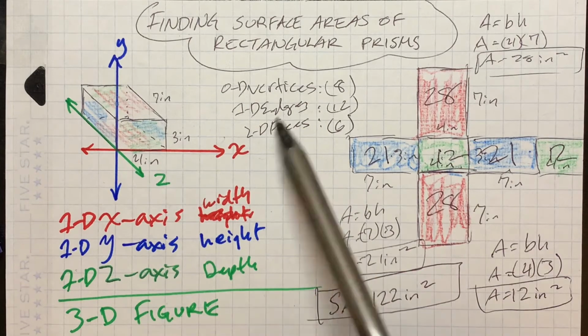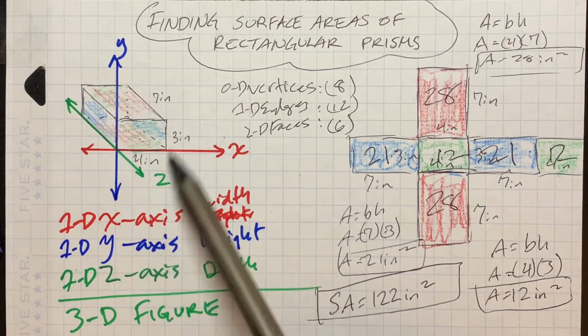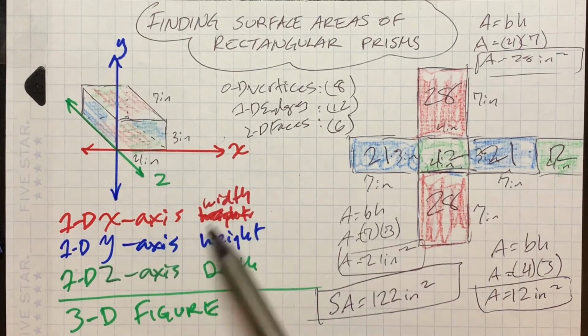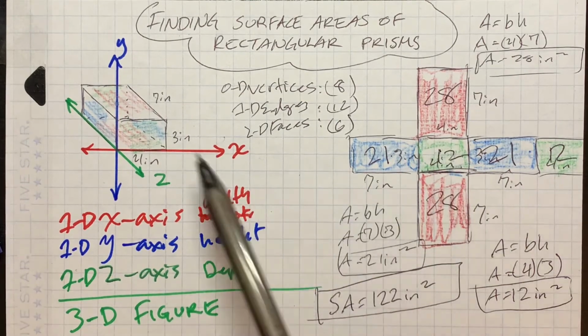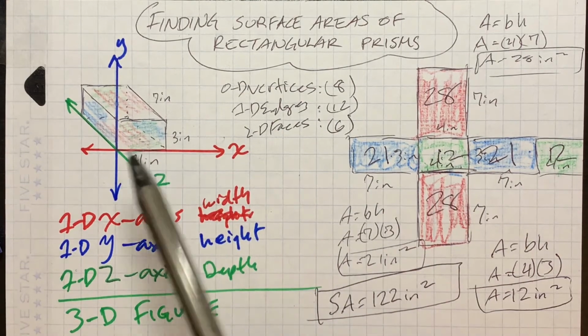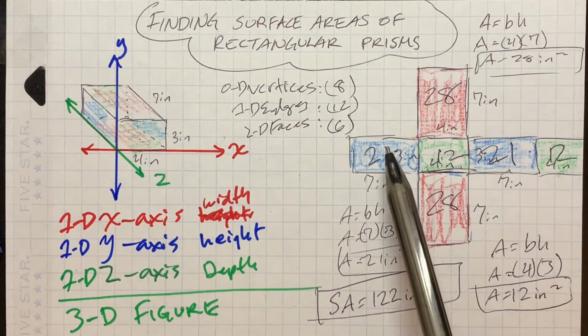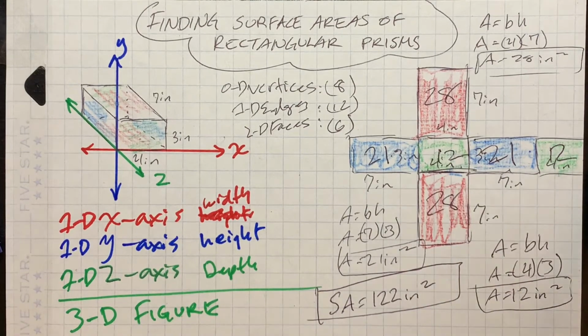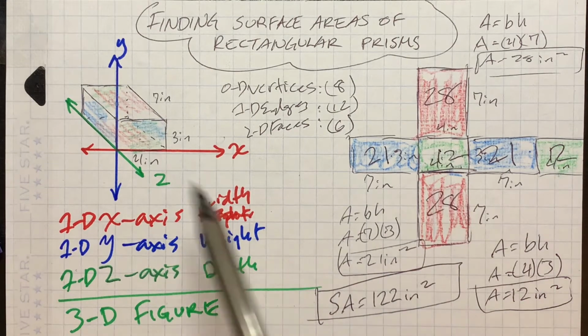Okay. Then you're going to understand that you have to count the vertices, the edges and the faces. And then you're going to unfold that 3-dimensional figure into a net and find the area for each face, and then add them all up. And once you do that, you have the surface area of that 3-dimensional figure.